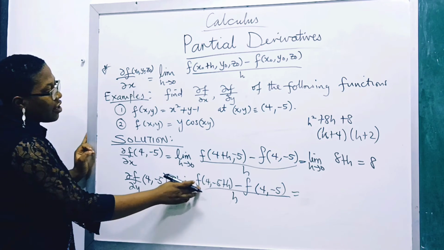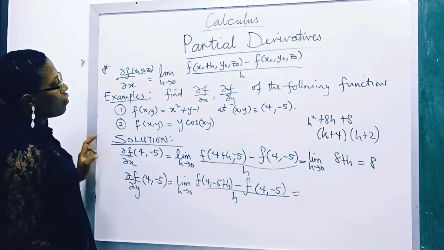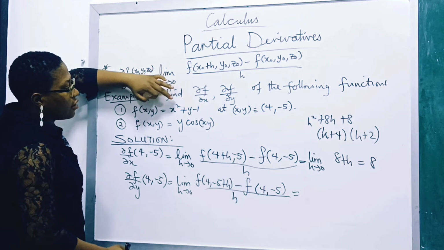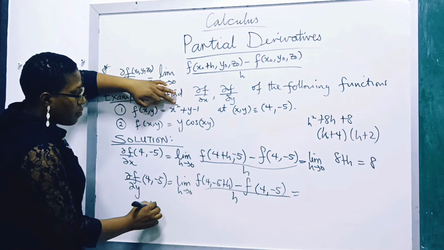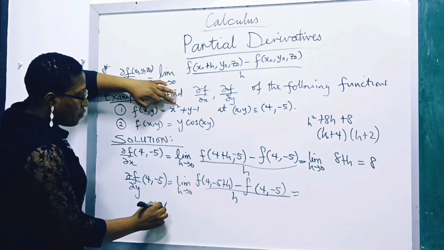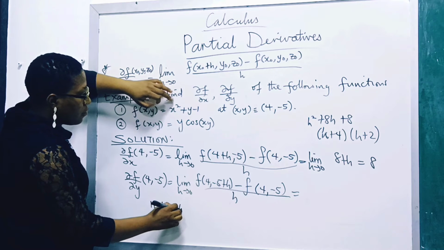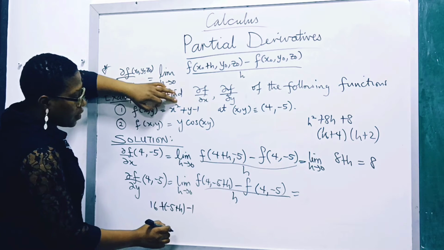So we have f of 4, minus 5 plus h. We put 4 where x is, so 16, plus minus 5 plus h, minus 1.